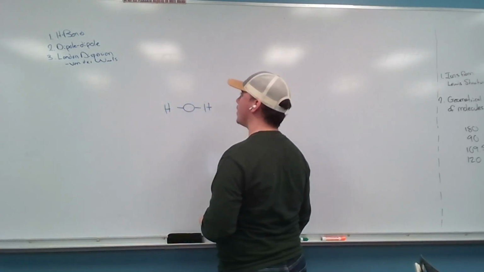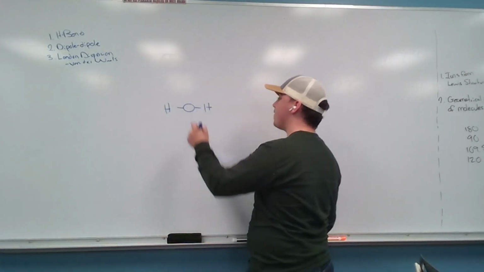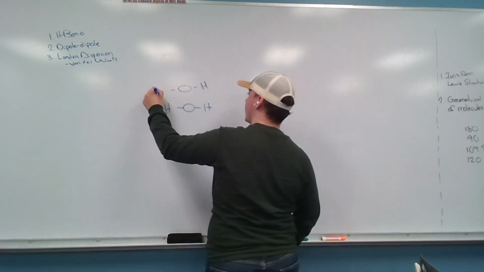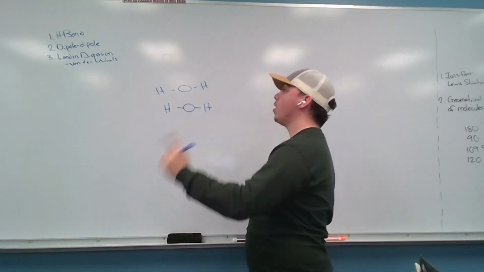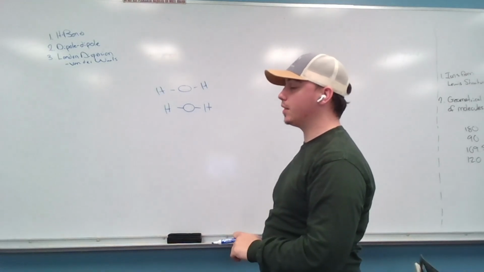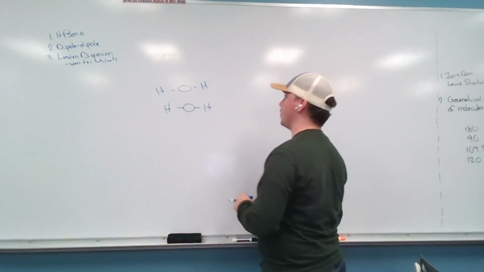Like I mentioned, it's technically a dipole-dipole, because if I have an oxygen and a hydrogen here, the polar ends are going to attract. Problem is, it's hydrogen and oxygen. Oxygen is really light and electronegative, so it's too strong to be a dipole-dipole. It's going to be an H bond.